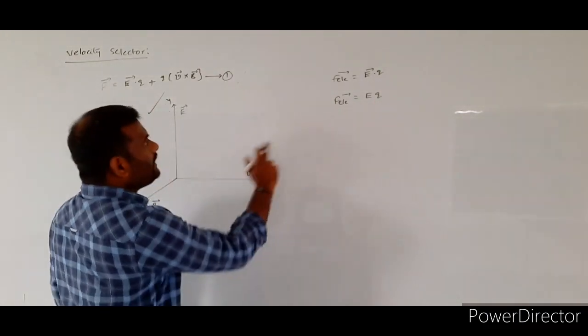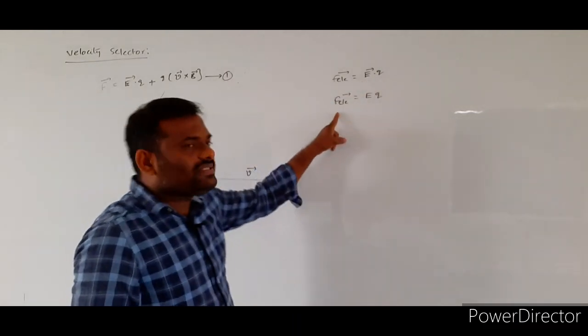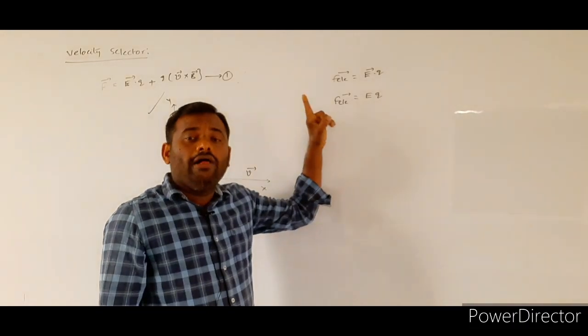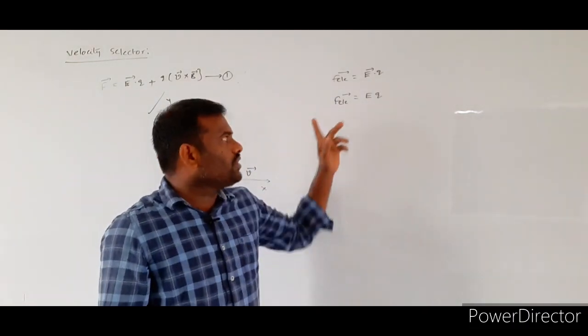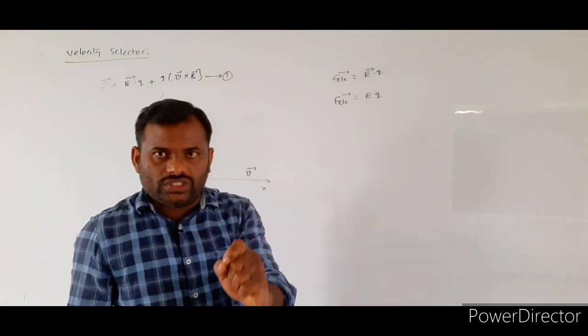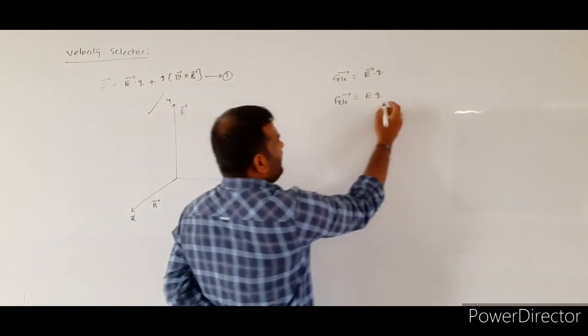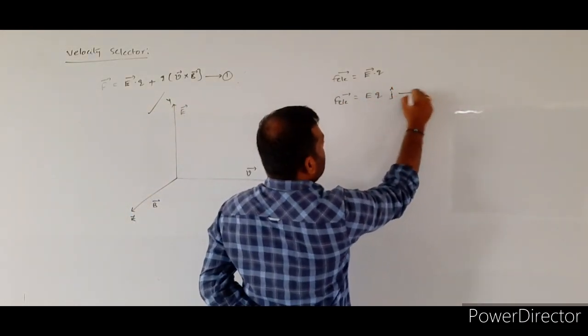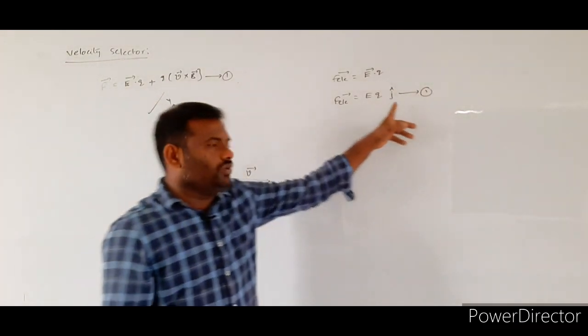Since the electric field is acting along the positive y-axis, the force is also acting along the positive y-axis, if you assume Q is positive. Therefore F electric is equal to EQ into J cap.